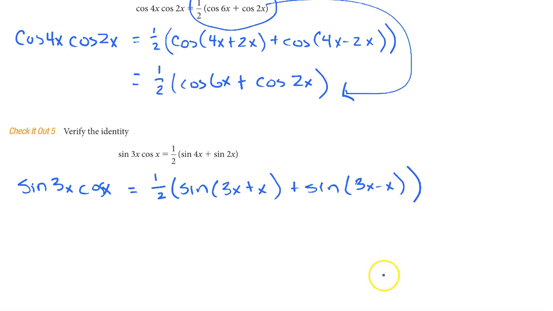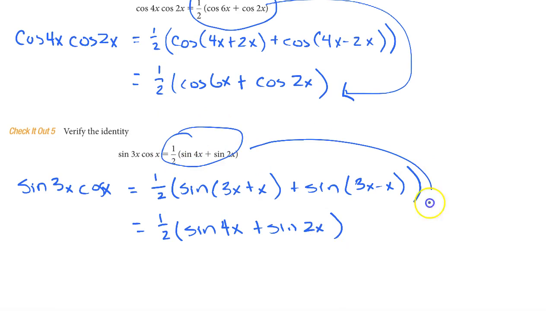I'm going to make sure I have enough parentheses there because the 1/2 applies to everything. And that gives me 1/2 times sine of 4x plus sine of 2x. So 3x plus x is 4x, 3x minus x is 2x, and lo and behold, we end up with the same thing.